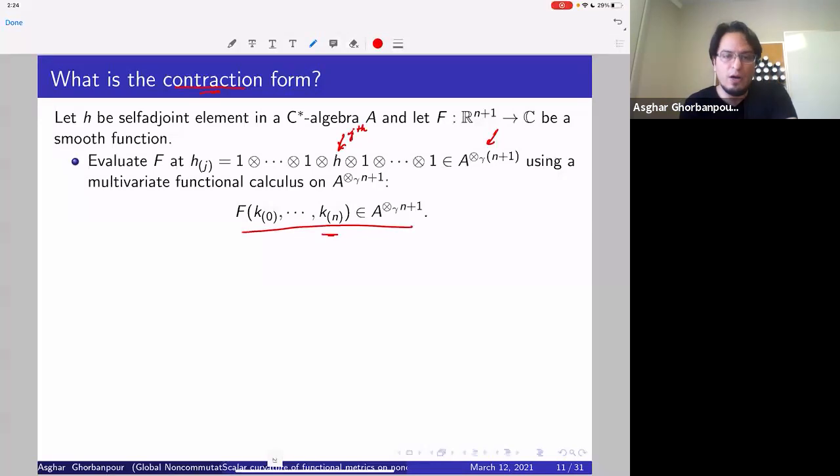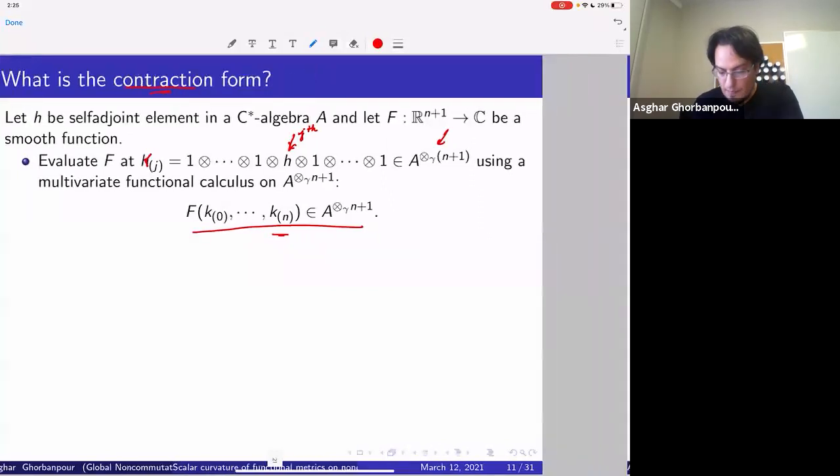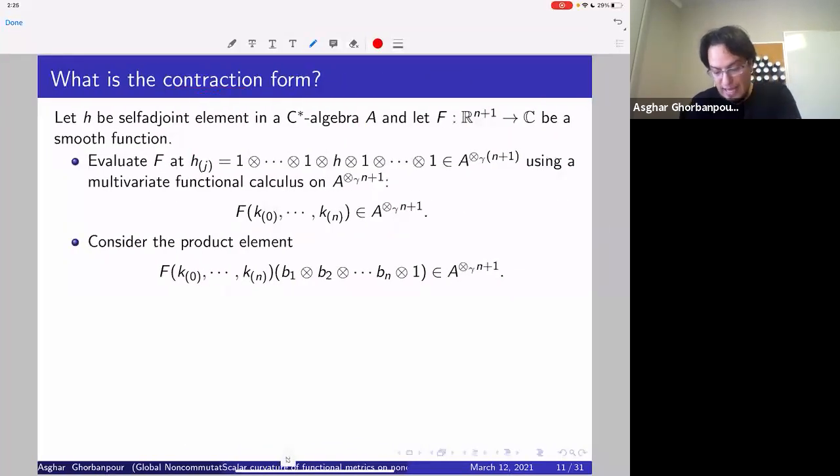So f of h0. I'm sorry, maybe I should have written h0 there, but yes, some version of that will be applied, and then that will give us an element in the tensor. But then we can multiply this element by any other elements of this form.